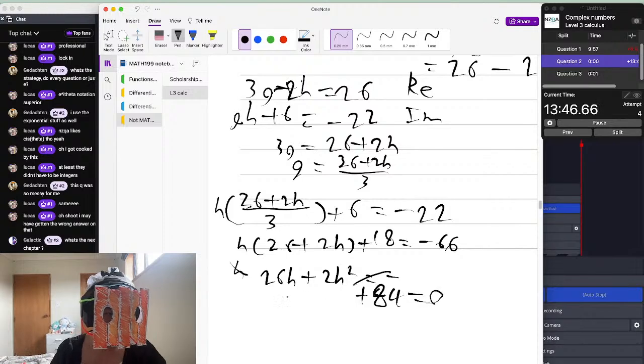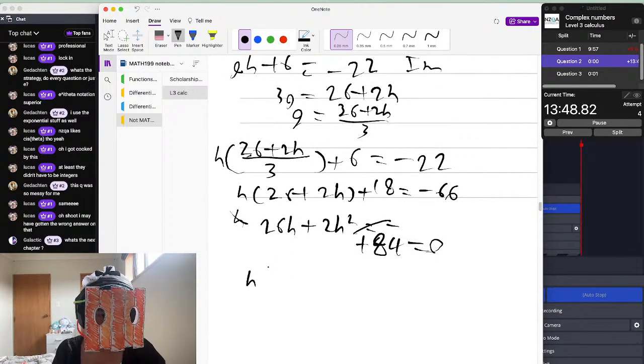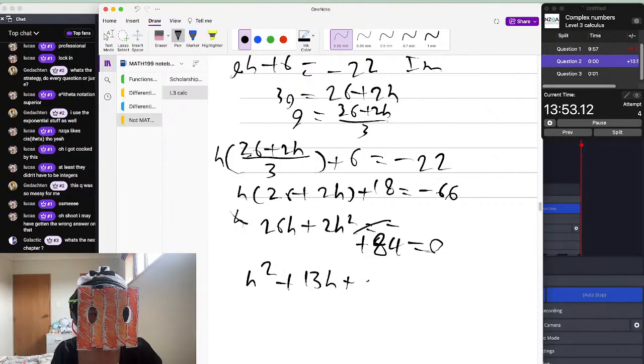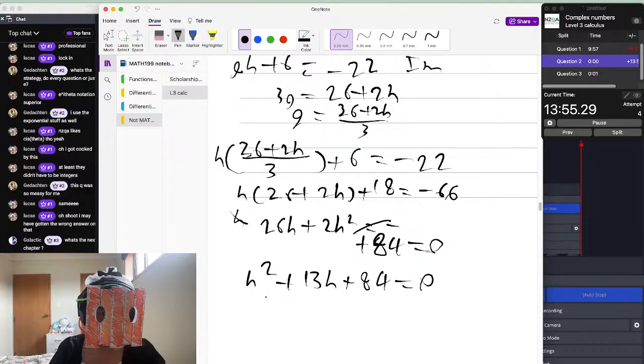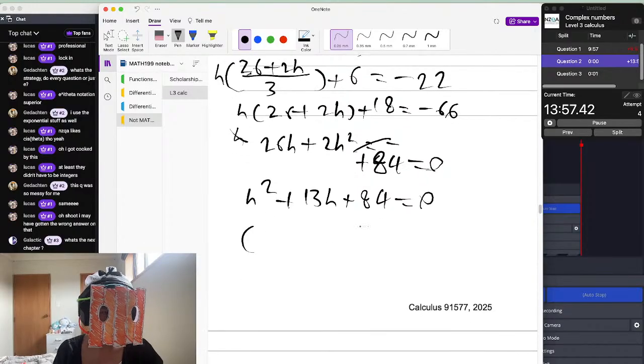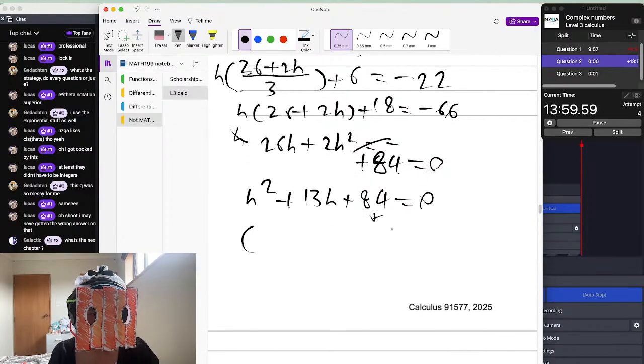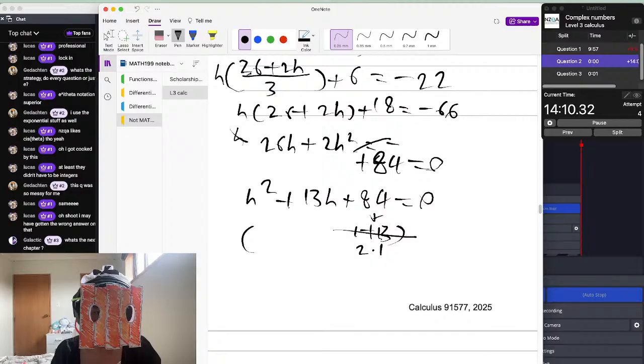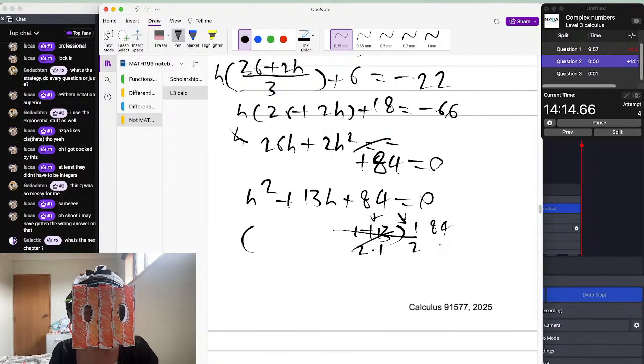Yep, put it to 0, divide both sides by 2, that's h squared plus 13h plus 84 equal to 0. Yep, just need to find factors for 84. It could be 1 and 84, 2 and 42.